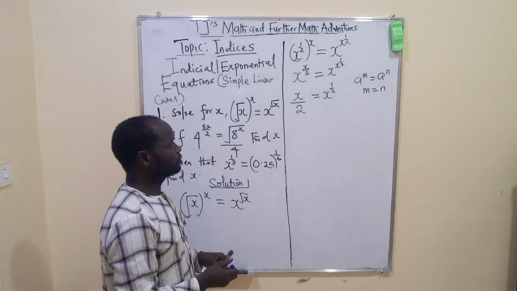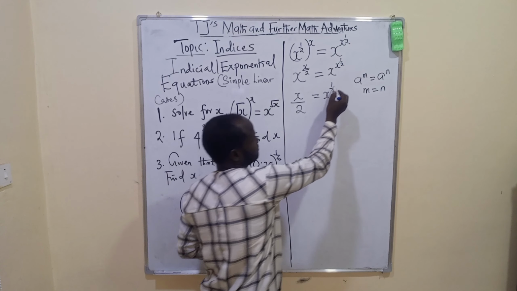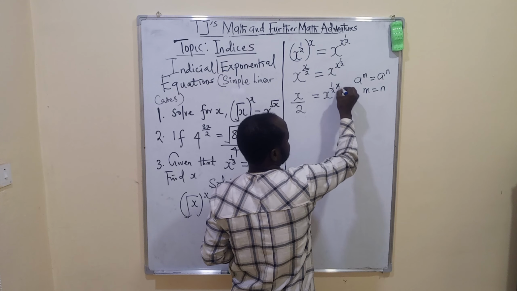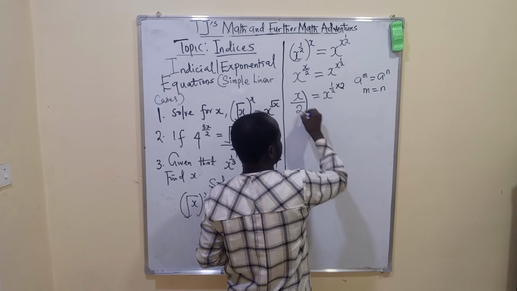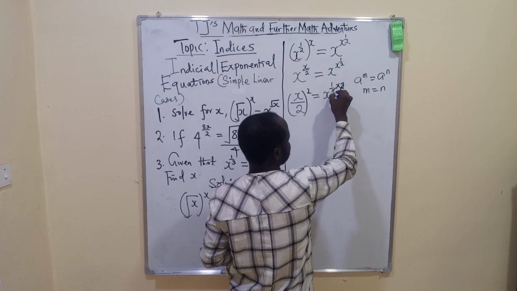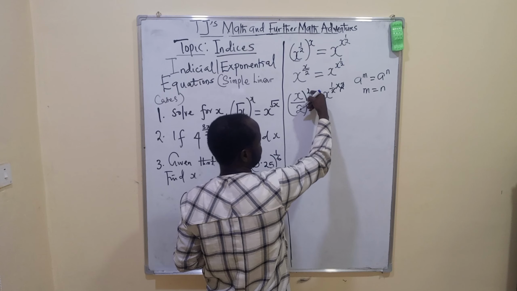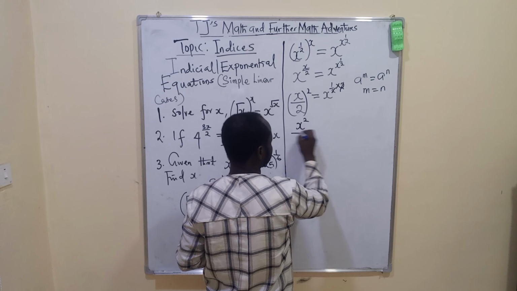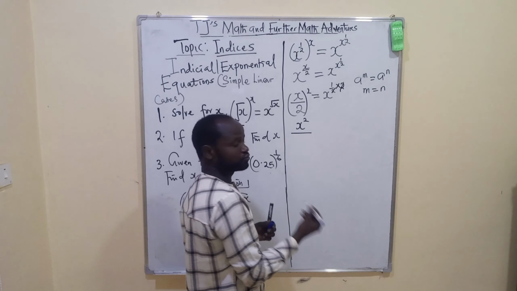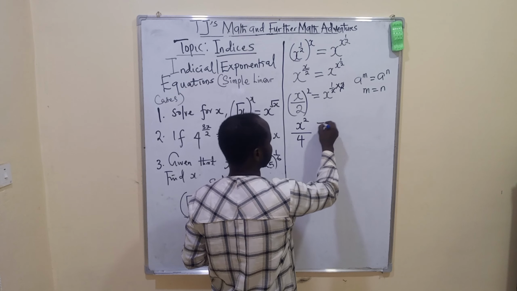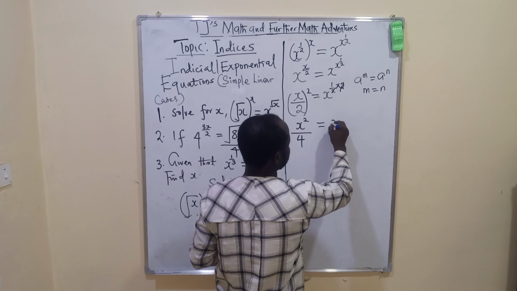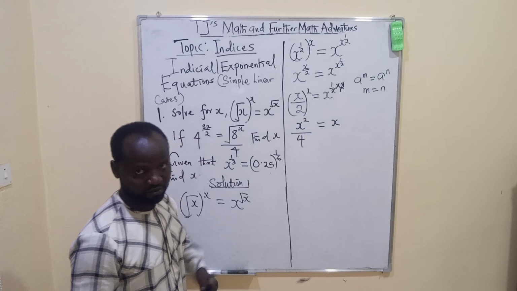Okay, so we can remove this half by squaring both sides. We can square both sides so that this half will go. So x squared, we have x squared divided by 2 power 2. 2 power 2 of course is 4, which will be equals to x now. Our aim is to solve for x.